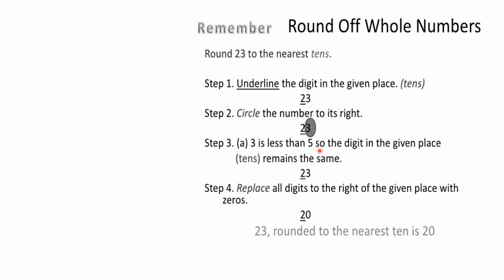It means it is a situation of round down. So 23 will be 20. We replace all the digits to the right of the given place with zeros, and 2 will be 2, no change in this underlined digit. That's why it is 20.